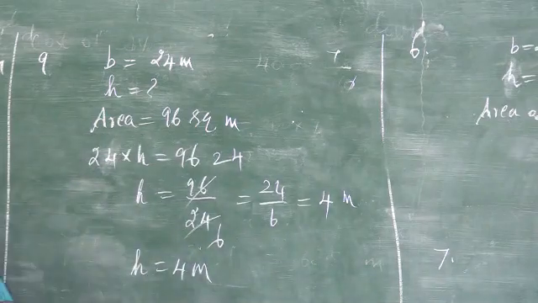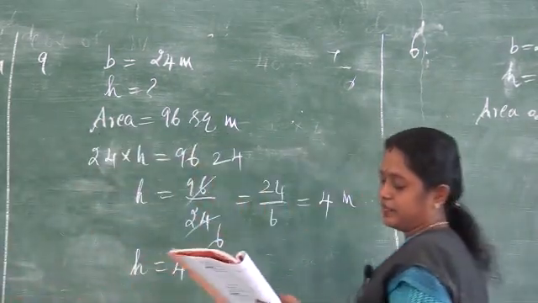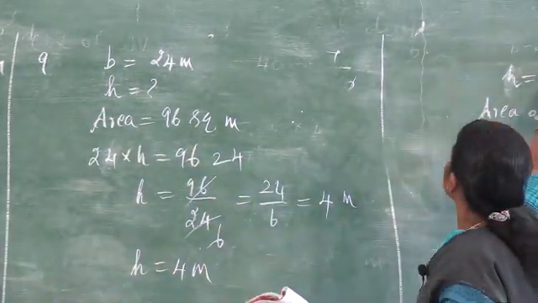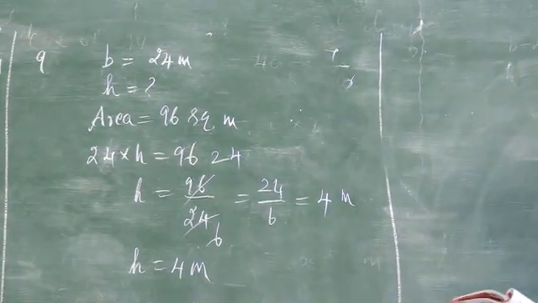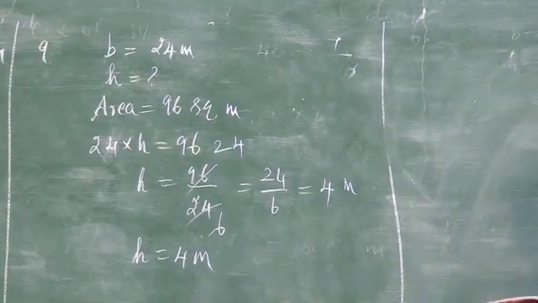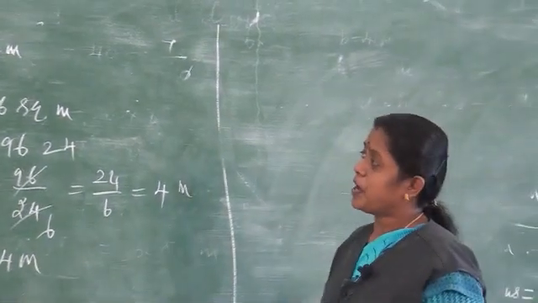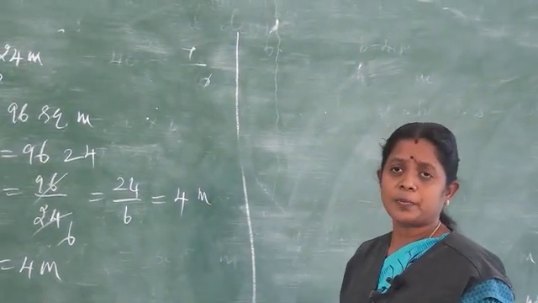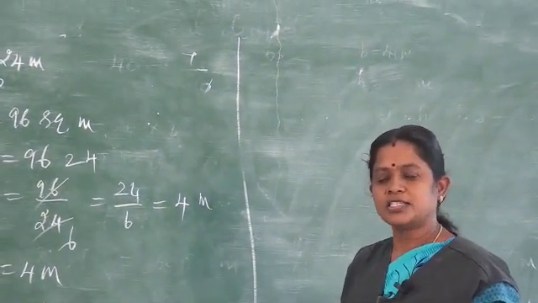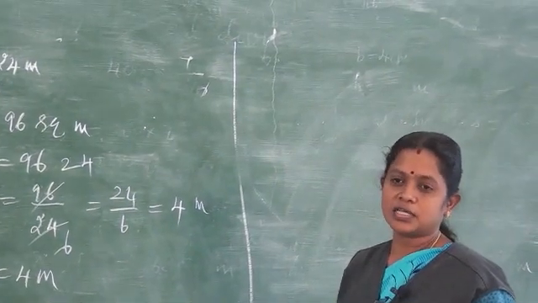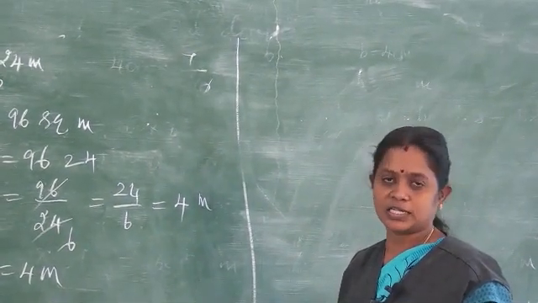Come to your 10th problem. They are asking the angle between the diagonals of the rhombus. The properties you know, rhombus properties: first, opposite sides are equal and parallel, all the sides are equal.